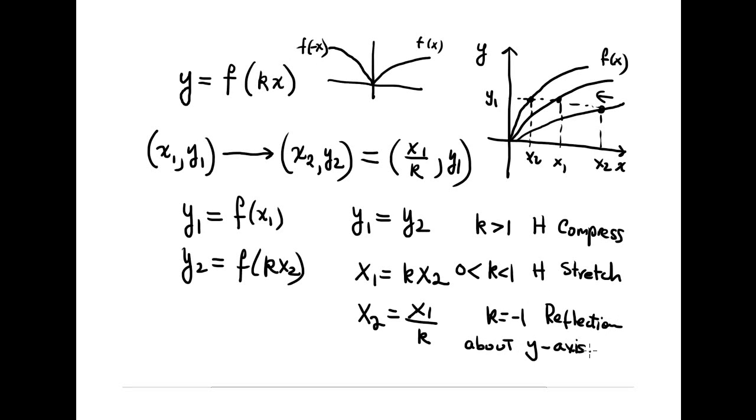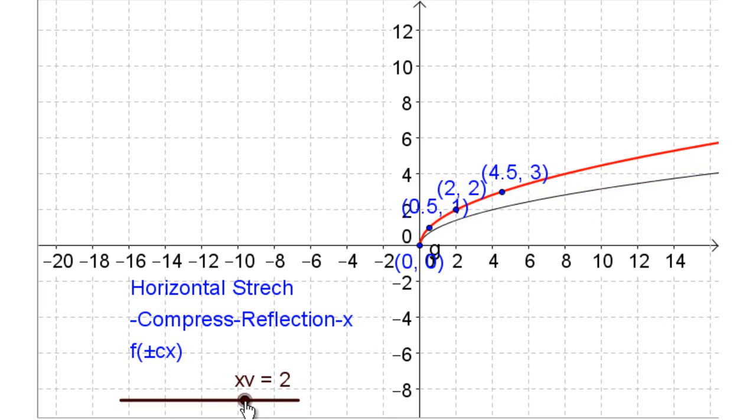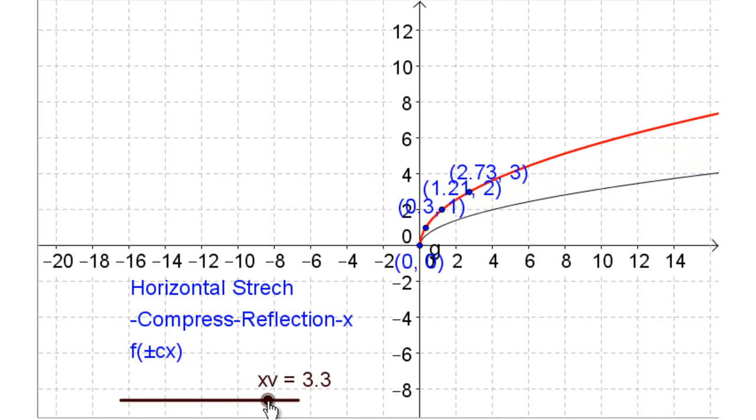Right? Okay. In this case we have a horizontal stretch, compress, and reflection. Suppose I multiply, for example, this original graph by a number greater than 1. Look at the effect. It's typical compression, horizontal compress.